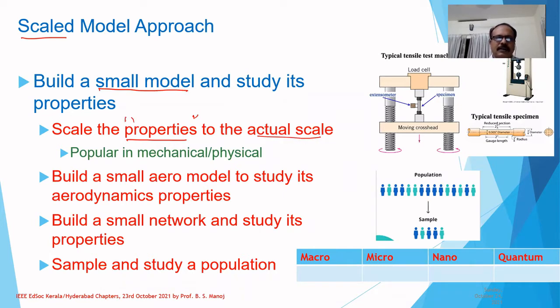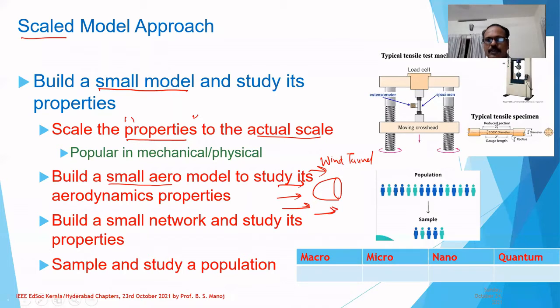For example, you build a small aircraft model to study its aerodynamic properties. If you design a nose cone, it may look something like this, and you put it in a wind tunnel to observe its aerodynamic properties.